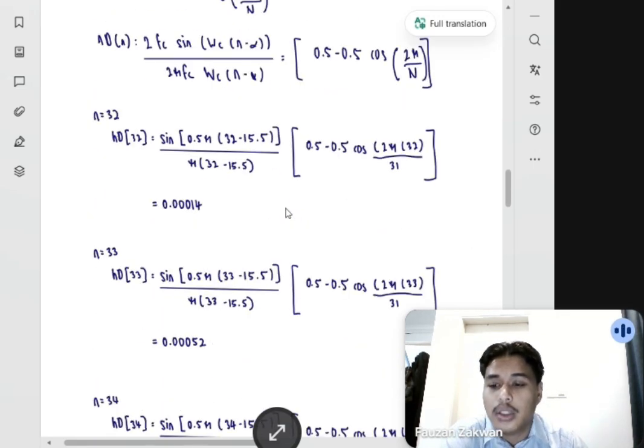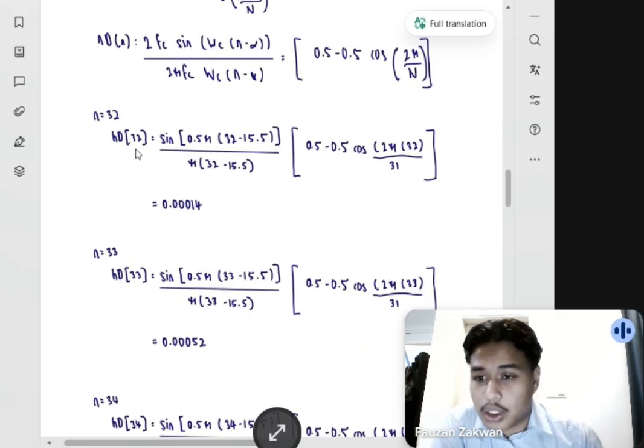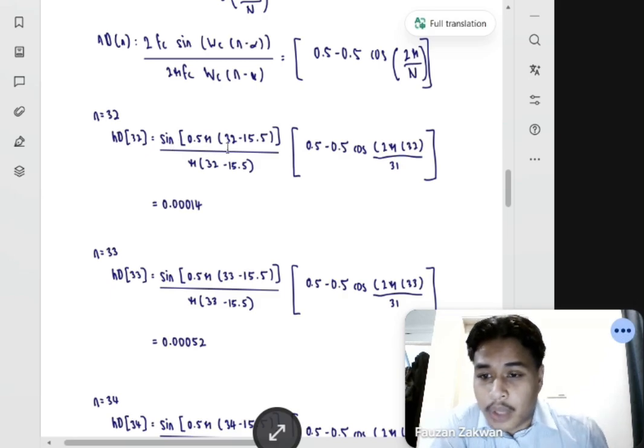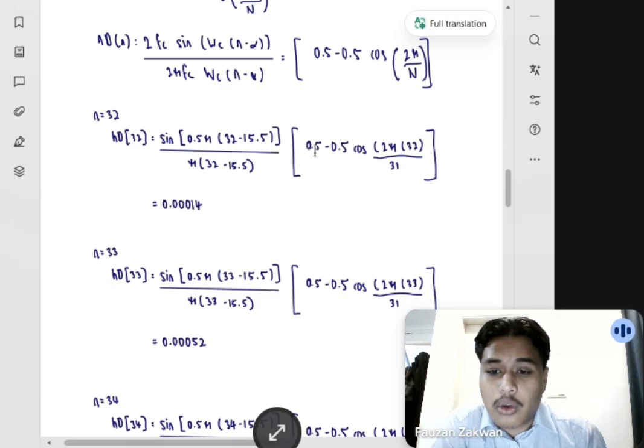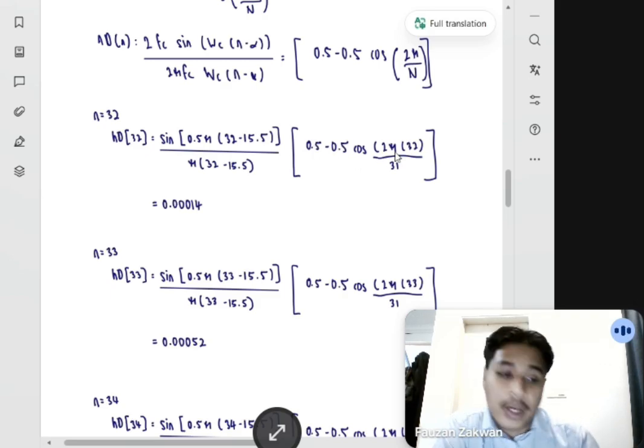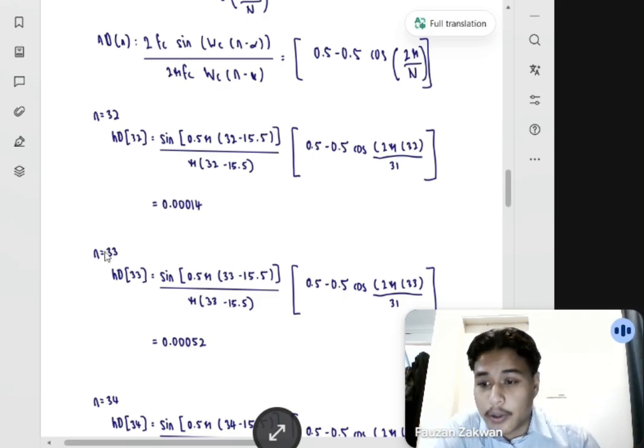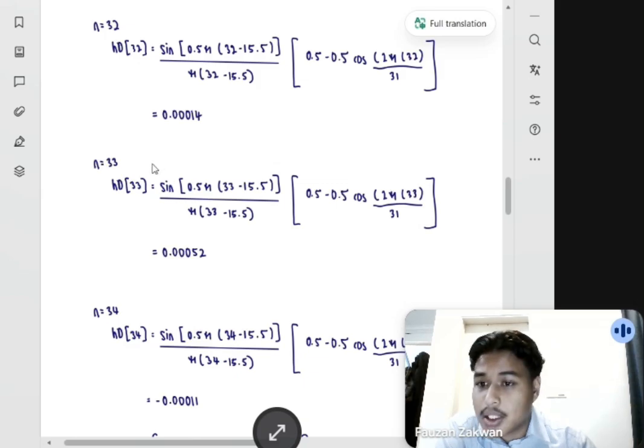So we are going to do 32, 33 and 34. For 32, it is sin(0.5 pi (32 minus 15.5)) divided by pi (32 minus 15.5), times 0.5 minus 0.5 cos(2 pi 32 divided by 31). So we got the answer 0.00014. For N equals 33, it is the same as before, we just put 33 inside the N.